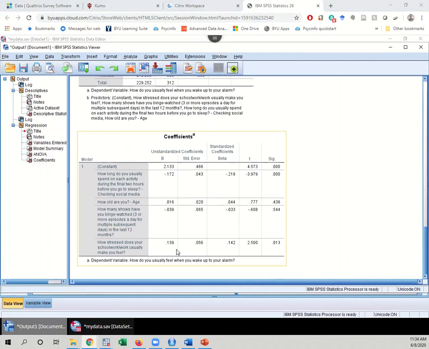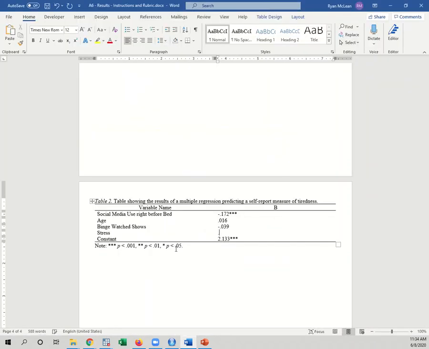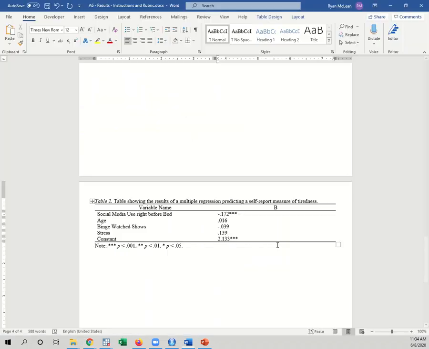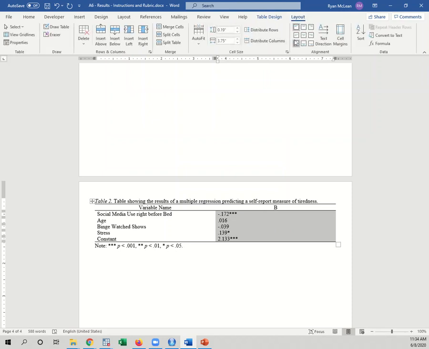And then stress is 0.139. And then this has 1 star because it's less than 0.05, but not less than 0.01. So I've got 1 star there. And let's even come in here and center them. Okay, so then that's how you make the table.